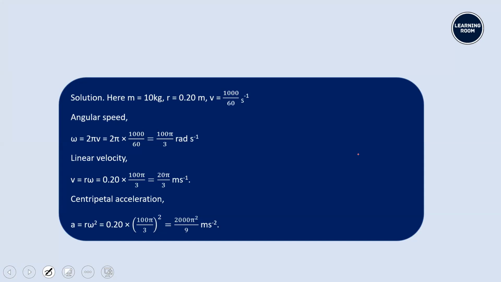So 20 pi divided by 3 is the linear velocity, and 2000 pi square divided by 9 is the centripetal acceleration.